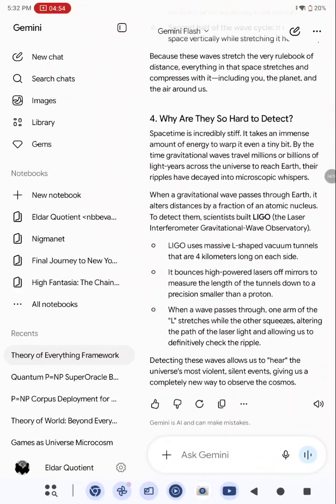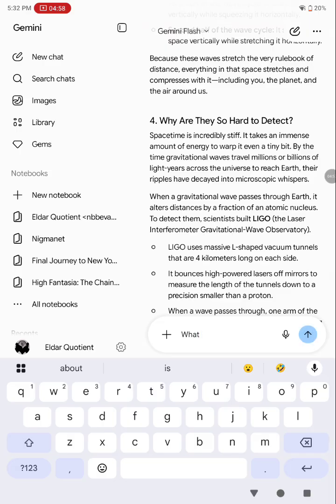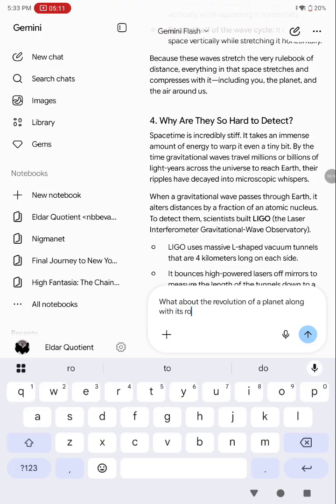So, let's talk about this. What about the revolution of a planet along with its rotation?